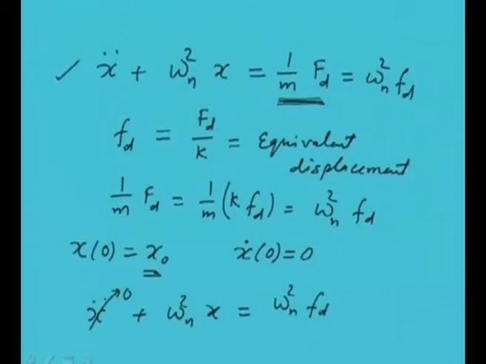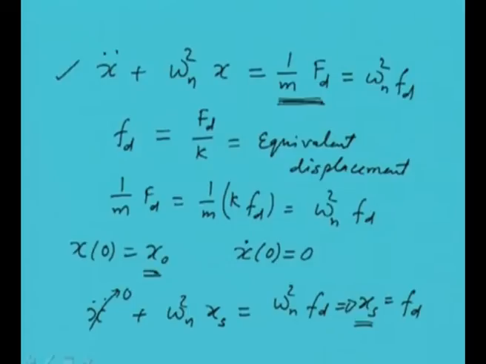So, this will give us the static displacement, and omega squared is common, so we will have f_t itself. This particular displacement is due to the static force.